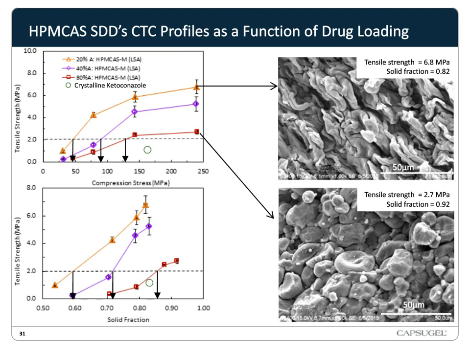And that does a lot for you, if the physical stability of the SDD is kinetically trapped, it's generally more stable at a lower drug loading, and as we see here, the mechanical properties are better as well.